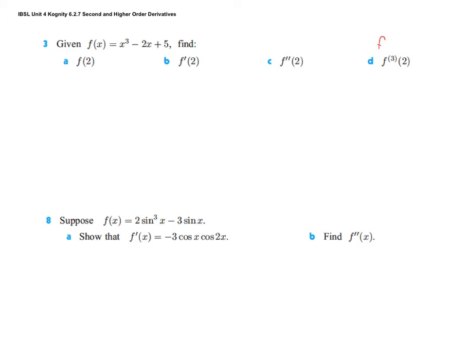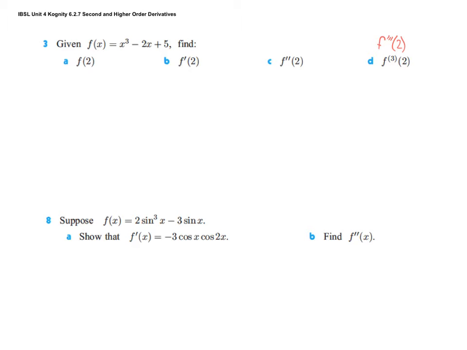You can go ahead and do f triple prime. Once you get past the 3, though, you revert to this kind of notation here. You put what derivative you want in parentheses. So if I wanted the fourth derivative, I would do f with a little 4 in parentheses of 2 in this case. Don't put 4 primes or 5 primes or anything like that. It gets messy.